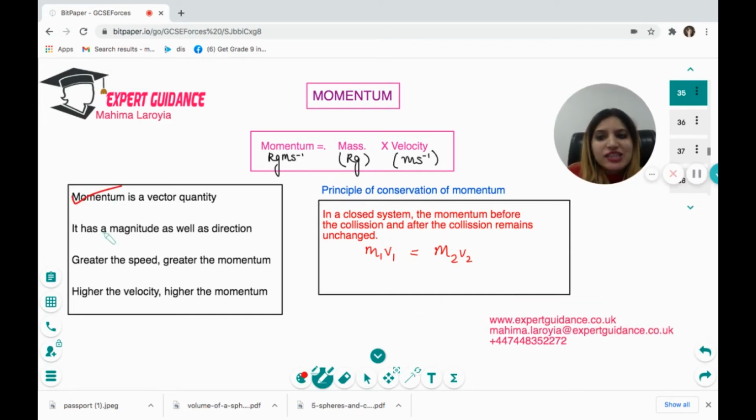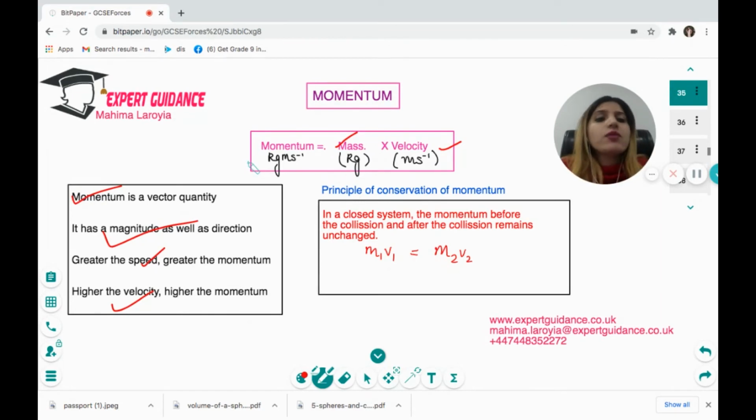So it has magnitude as well as direction, and momentum depends on mass and velocity. So the greater the speed, the greater the momentum; the higher the velocity, the higher the momentum. The unit for mass is kilogram and velocity is meters per second, so momentum is given in kilogram meters per second. In the exam, they can give you the mass and velocity and ask you to find the momentum, or give you the momentum and ask you to find the velocity.